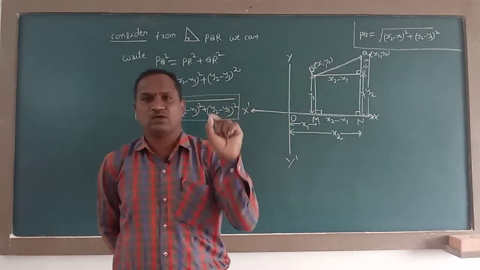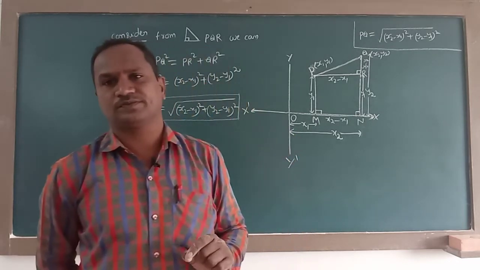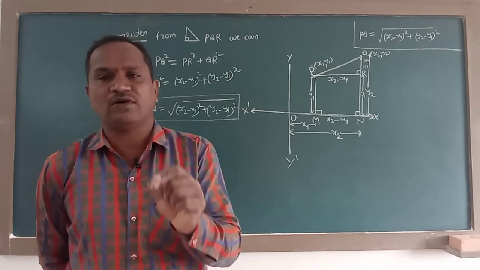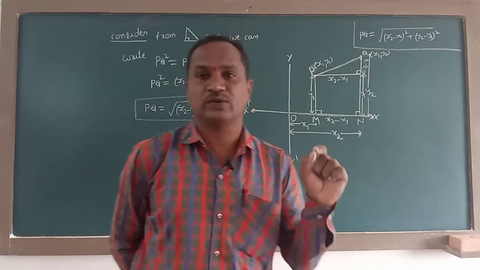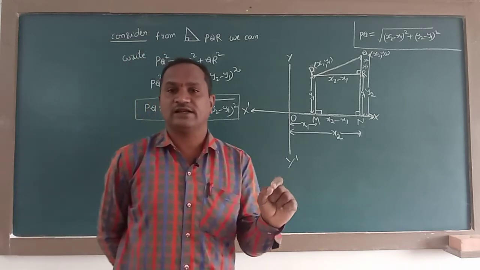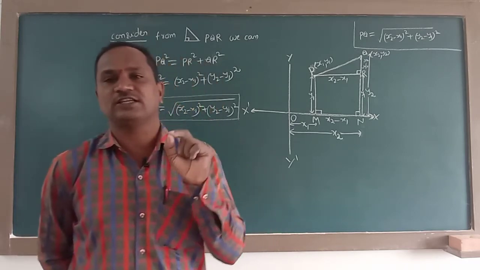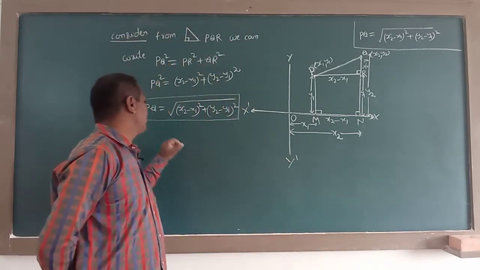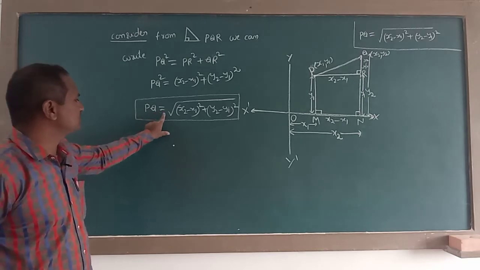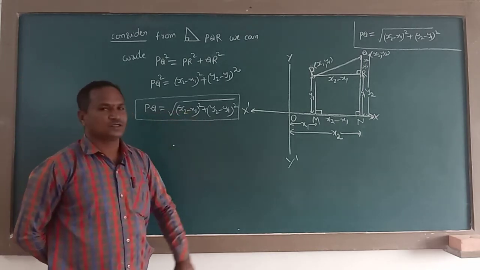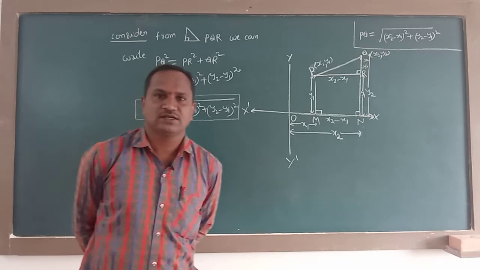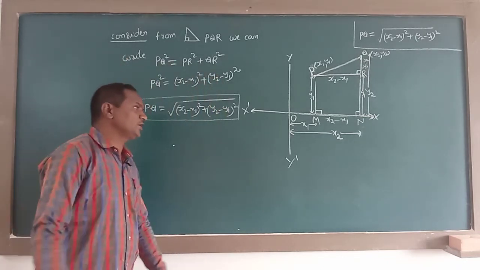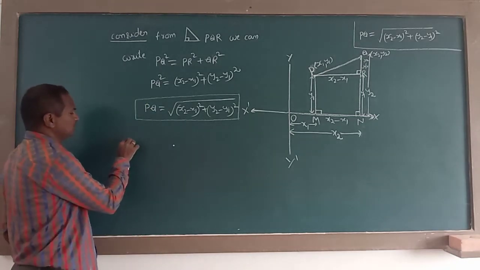Like that, we take it in the case of a right angle triangle with the help of Pythagoras theorem. With the help of that, finally we got the distance between the 2 points: PQ is equal to square root of x2 minus x1 whole square plus y2 minus y1 whole square. Under this, we can give one important note here.